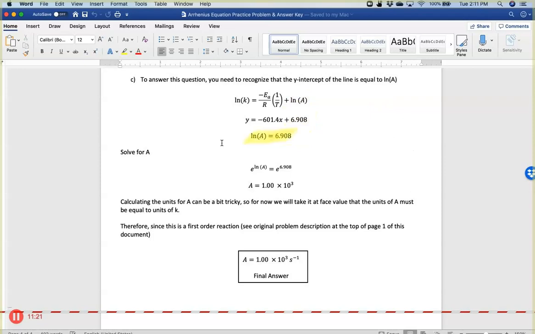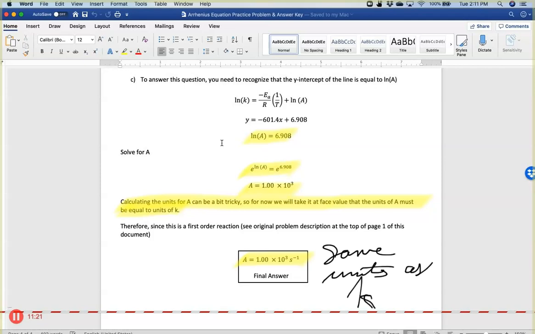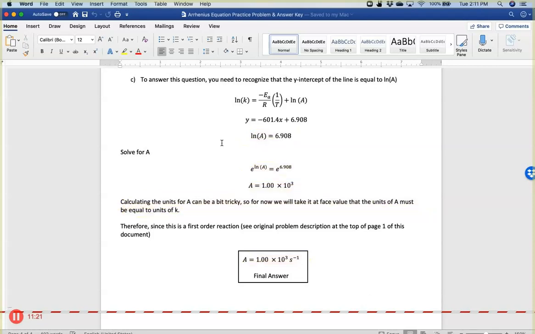So we can set up our equation. We exponentiate and solve directly for A. I tried going through and calculating the units for A, but long story short, A is just going to have the same units as k, or the rate constant. And that actually is the end of this particular problem-solving video.